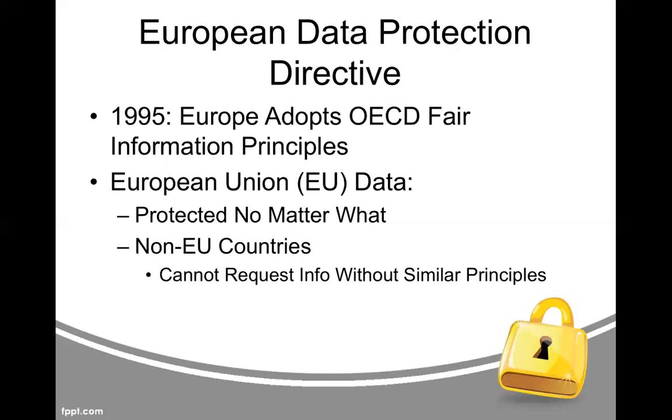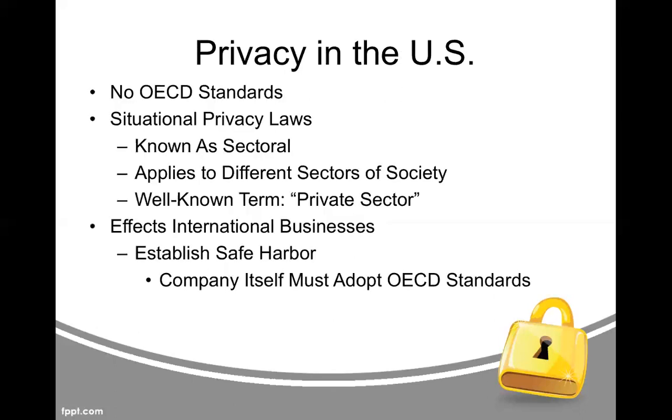Now, here's why privacy in the US is important. We do not have any type of OECD standards. So we have something called situational privacy laws. These are known as sectoral. If you've heard the well-known term private sector, that's where this comes from.